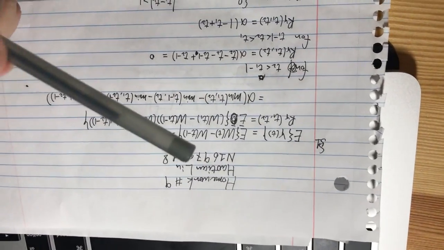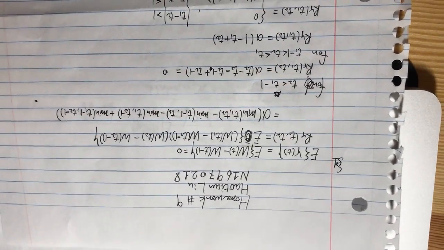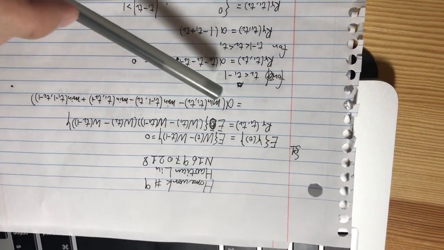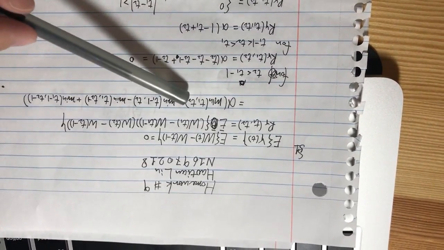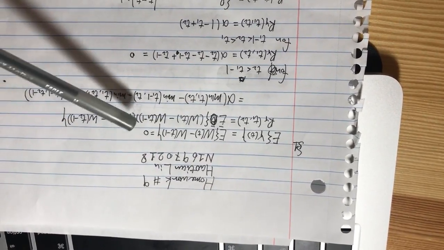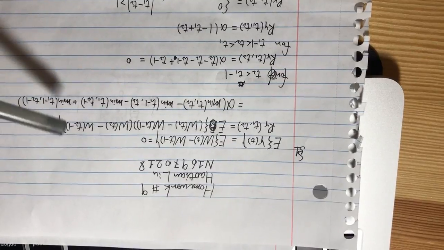And then we have R_Y(t1, t2) with respect to Y. So this one is equal to the mean of (W_{t1} minus W_{t1-1}) times (W_{t2} minus W_{t2-1}).